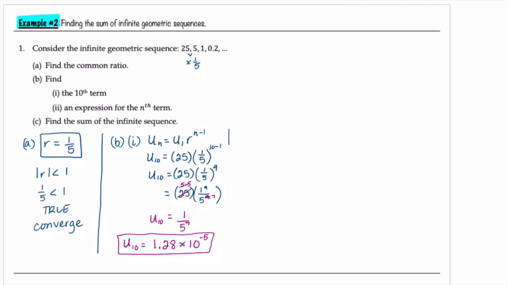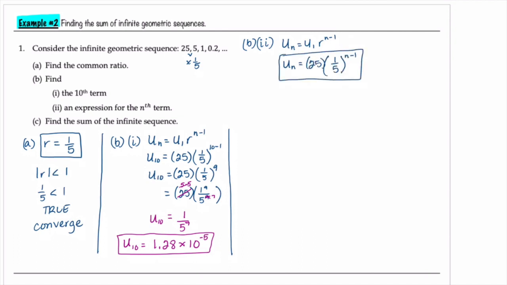For part B double I, we are trying to represent the nth term, an expression for the nth term. So I'm going to plug in what I know. So my nth term formula would be as given.